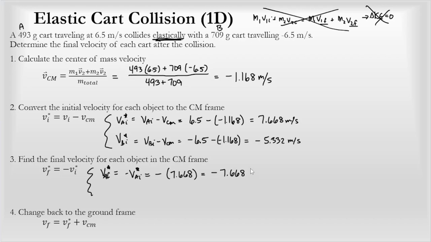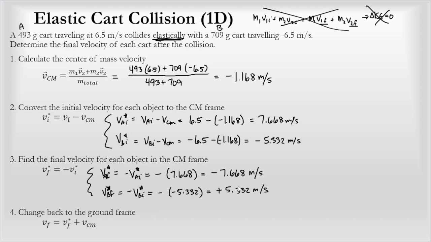When these two hit each other, if A is moving in the positive direction before the collision and it's an elastic collision, it's going to bounce back in the other direction, right? VB final star is going to be negative VB initial star. So I'm going to do the negative of negative 5.332. This makes sense as well. B changes direction to the positive 5.332 meters per second. It bounces back in the positive direction.